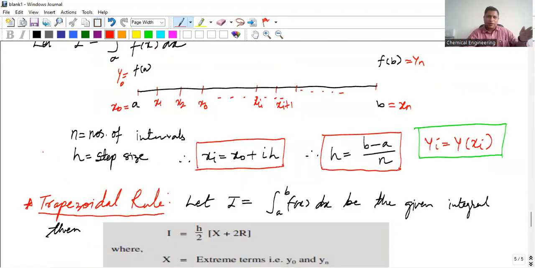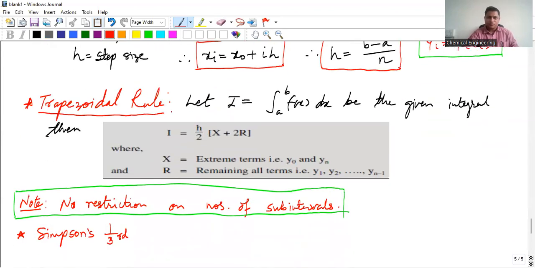So here you can see for x, the extreme values are x0 and xn. For y, what will be the extreme value? It will be y0 and yn, no? Yes, sir. See, y is equal to f of x. So for y, the extreme values will be y0 and yn, meaning end values. So y0 and yn. Yes, sir. Thank you, sir. Welcome.